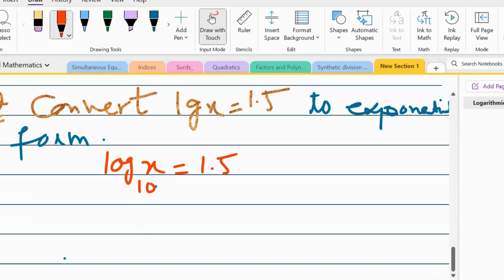Now, how can you change it into exponential form? Now we apply the converse law, and this 10 becomes the base, and you will write 10 raised to the power 1.5 is equal to x. So this is how you can change logarithmic to exponential form.